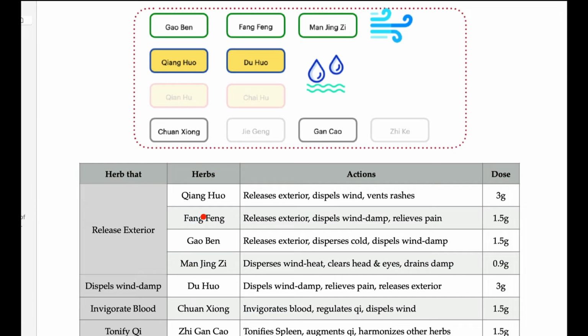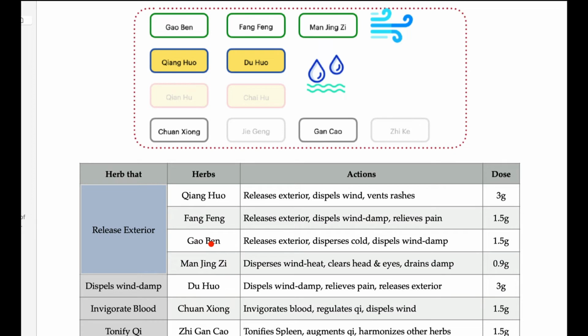And you can find Fangfeng, Gaoben and Manjingzi here. These three herbs release exterior, so commonly these herbs are used for wind conditions like common cold. And Gaoben also dispels wind damp. And Manjingzi also treats wind, heat, and dampness too.